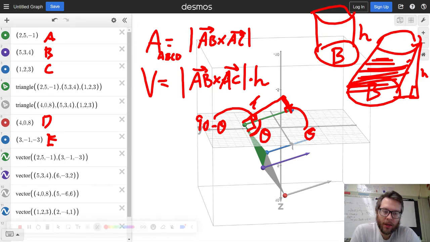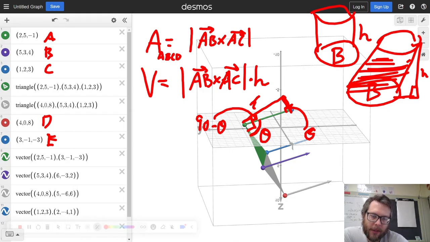Okay? So what we're going to do is use a couple ideas to come up with an expression for H that gives us a nice formula that we can use for the volume of the parallelepiped.